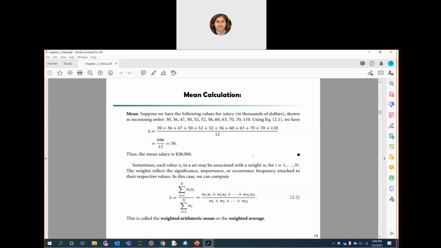Then there are certain cases in which you may want to associate some sort of weightage to the individual values to make some sort of tuning to your data set. In that case, this will be the formula, and this is how it will be computed. Why are we incorporating this weight here? In case you have heard about some machine learning models for analyzing data, there is the neural network.